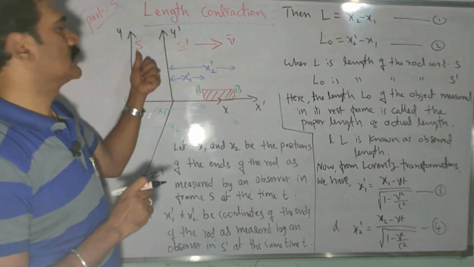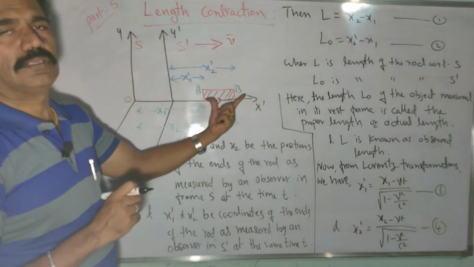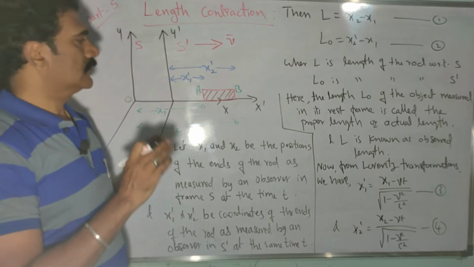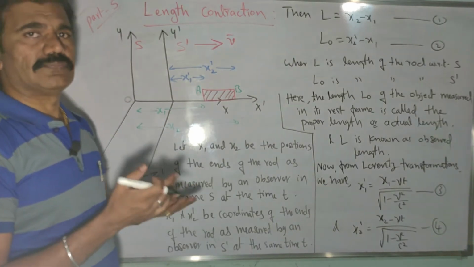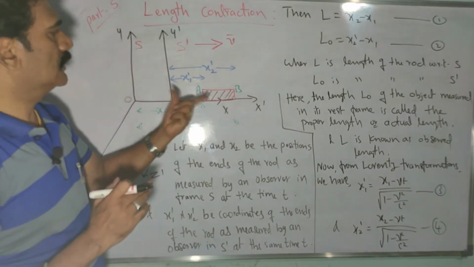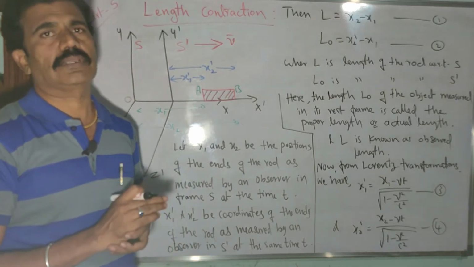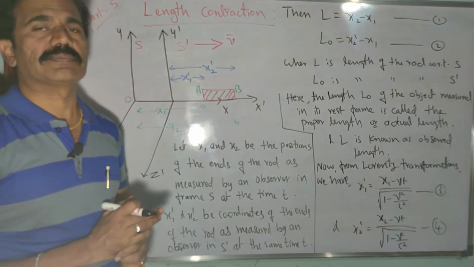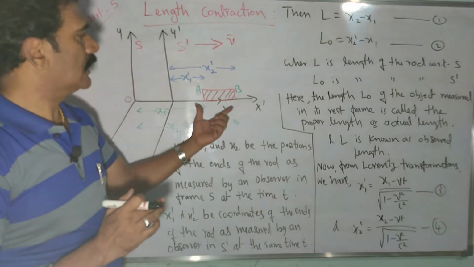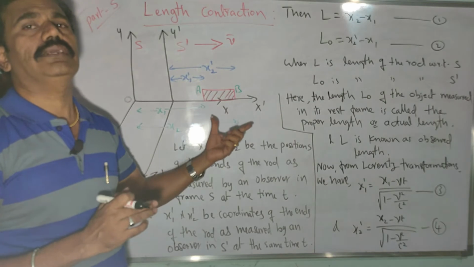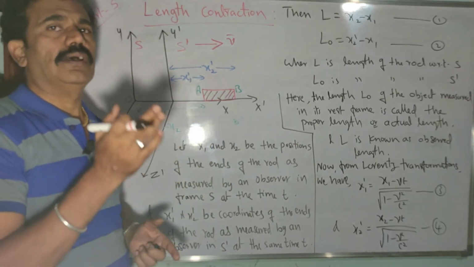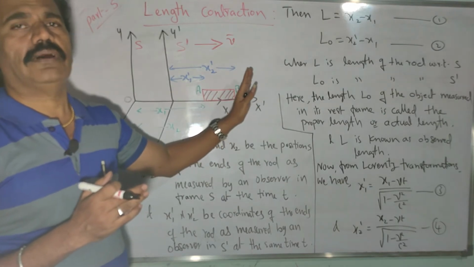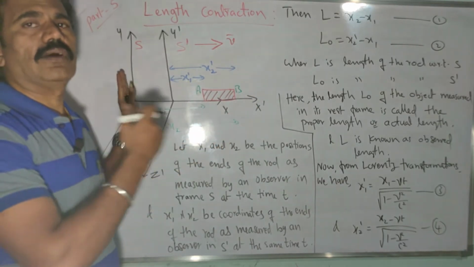So now the fixed frame of reference is also measuring the length of the rod while it is moving along with S dash. Okay, then what may be the difference? You think that the length of the rod is always absolute, that it never changes. But here, according to the Lorentz transformation in the special theory of relativity, we can prove that the length of the object can be different depending upon the observer, whether the observer is moving along with the given object or fixed, so that only the object is moving.